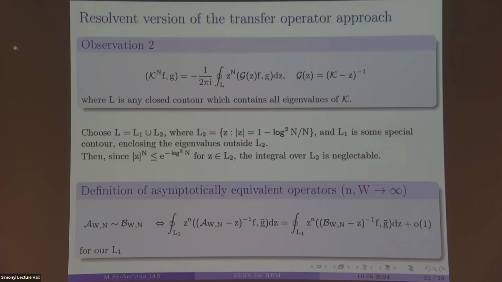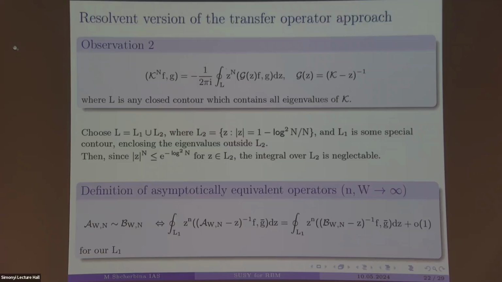So, in fact, it is much more convenient to study the resolvent methods. You consider G, the resolvent of your operator, and you write our partition function as K^n, but n-1 or n is not so important.